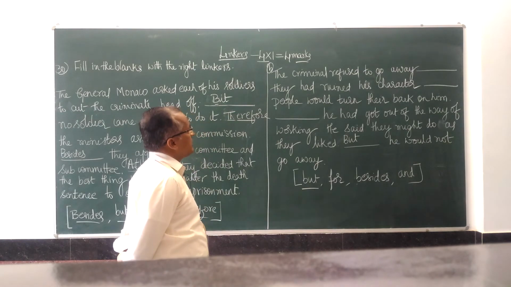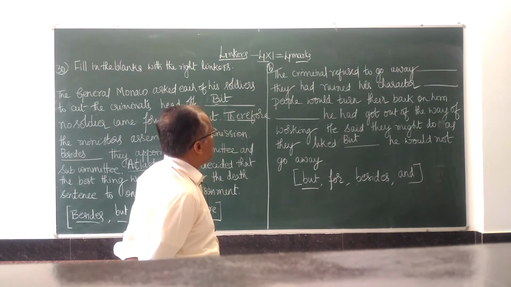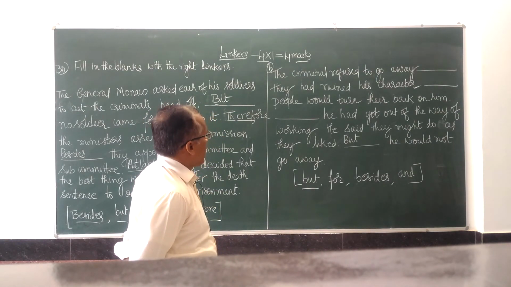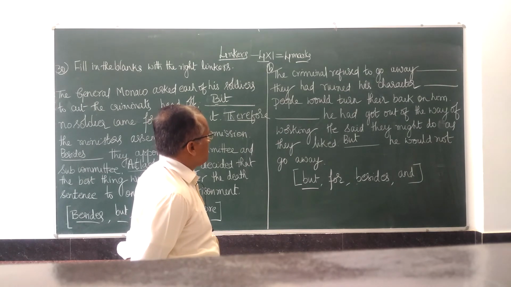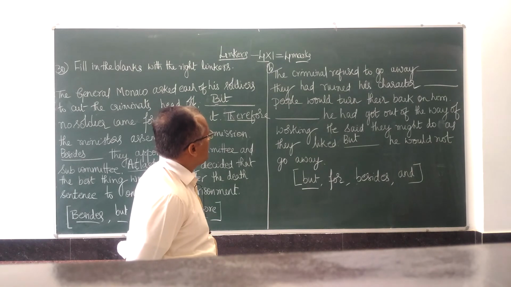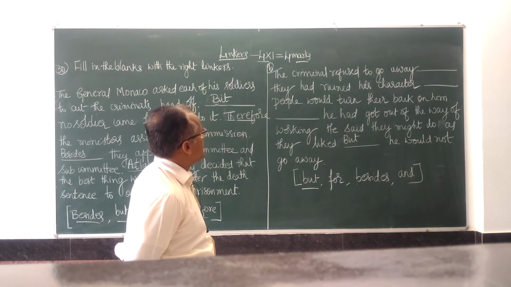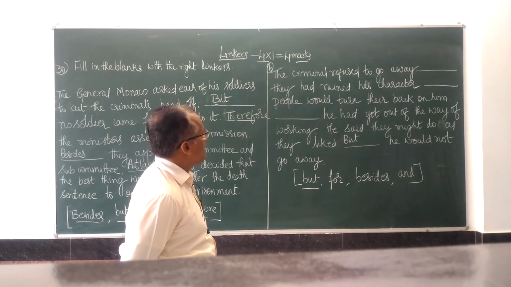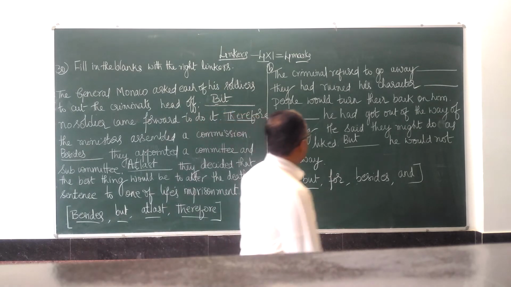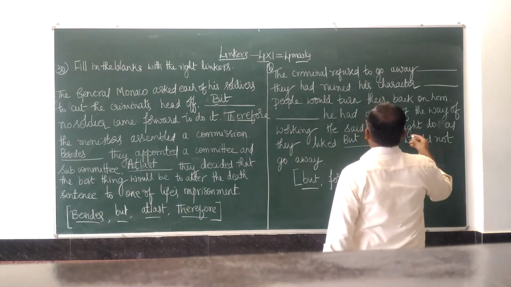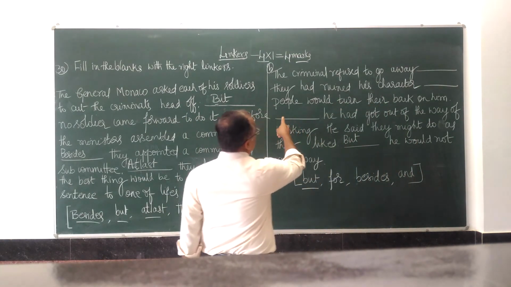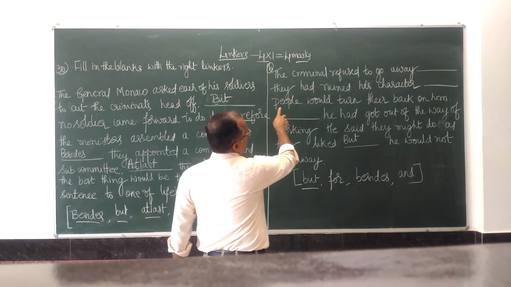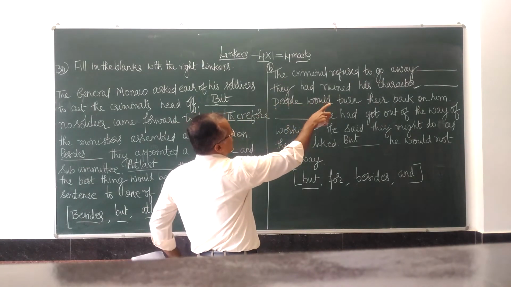And now, the criminal refused to go away. Besides, the criminal refused to go away, dash, they had ruined his character, dash, people would turn their backs on him. And, we'll go with this one.